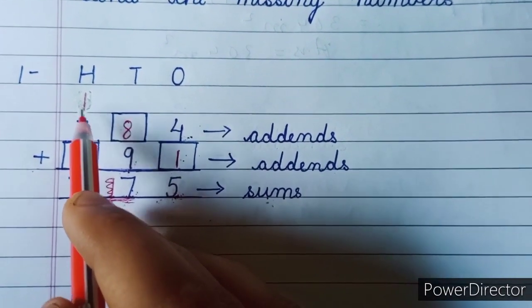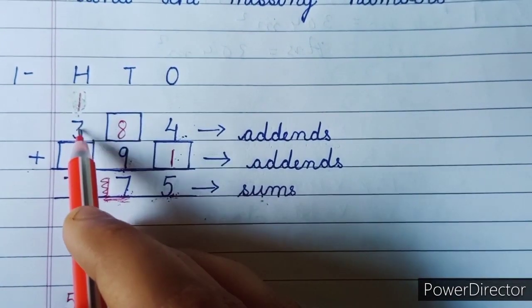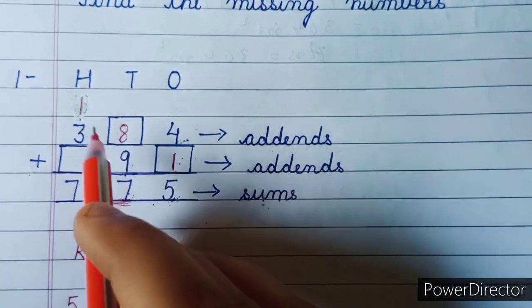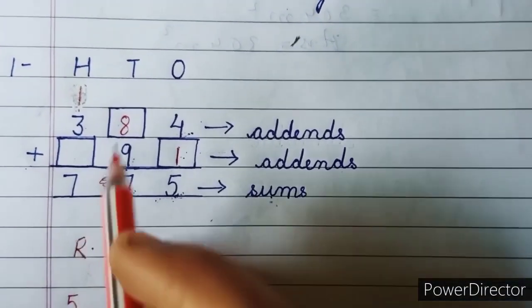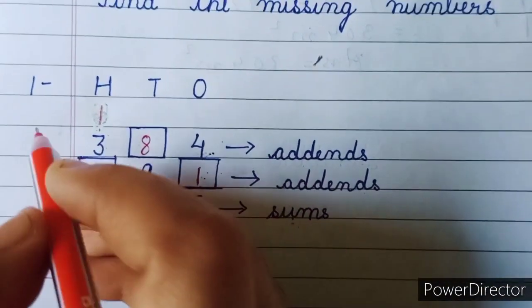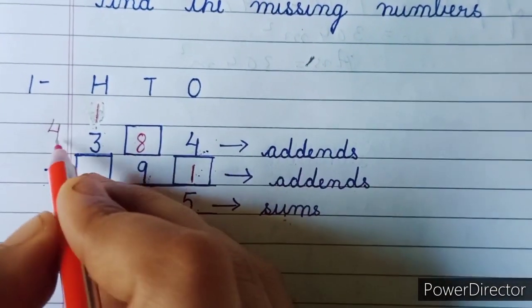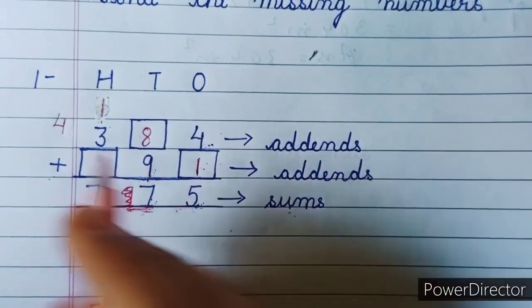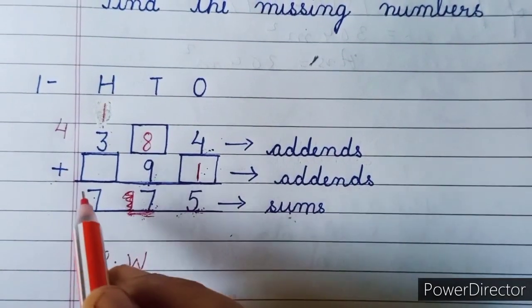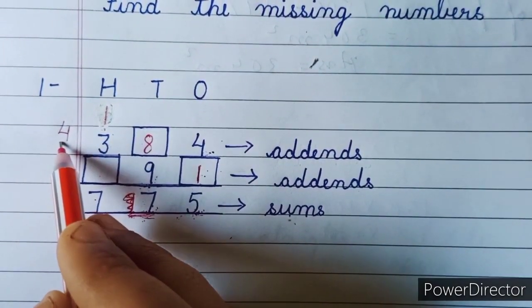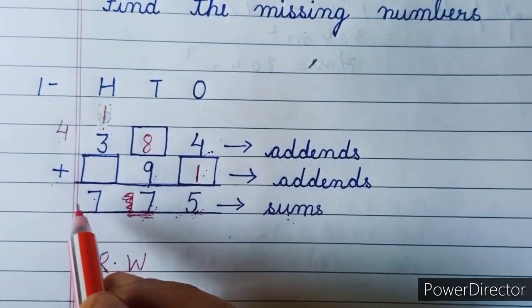So here it is 1 plus 3. 1 plus 3 is 4. The added number is 4 and the answer number is 7. So the added number is smaller than the answer number.